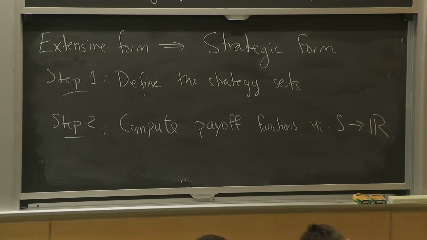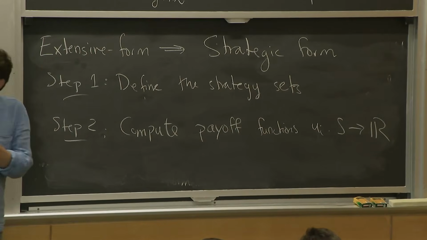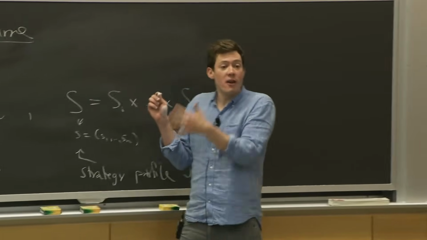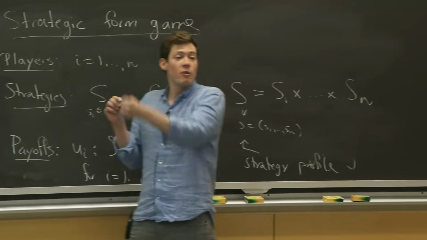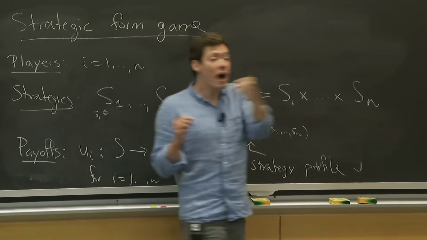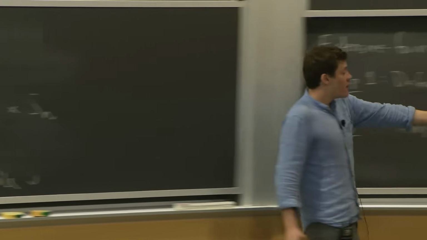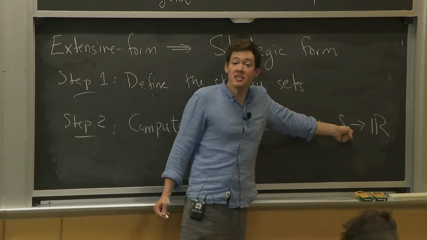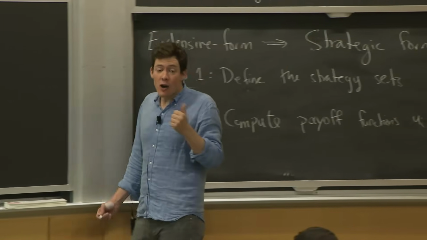So why is this hard? It's hard because from the extensive form, what we know is the payoff each player gets from a consequence, from a terminal node in the game. And now we have to compute what payoff they get from a strategy profile, which is not the same thing as a consequence.